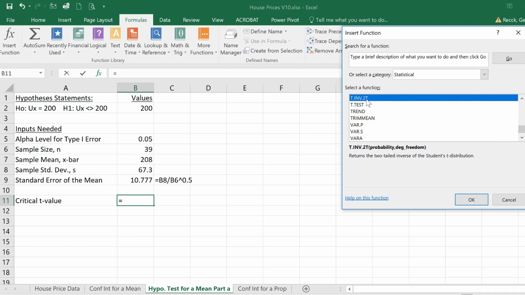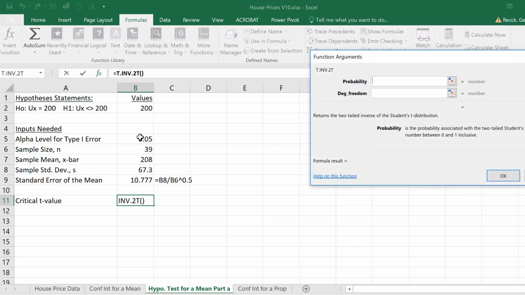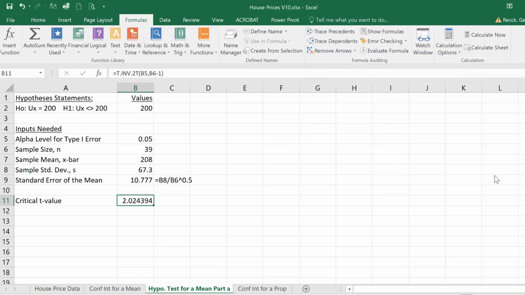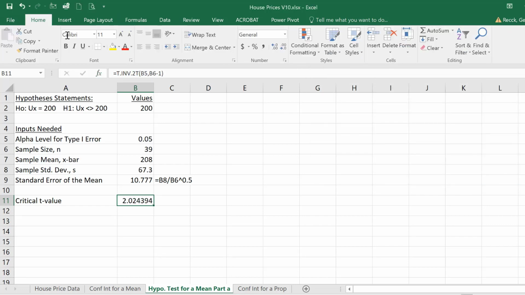T.INV.2T. And this function in Excel was made specifically for things like this, where I want to find the t-value based on our probability alpha in B5 and our degrees of freedom, which is going to be our sample size minus 1. And you see that that is 2.024-ish.